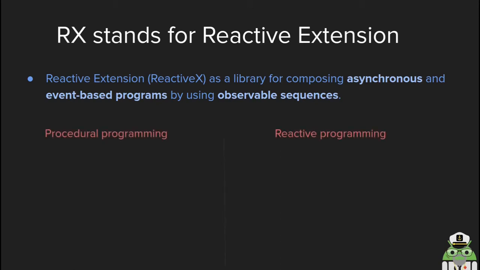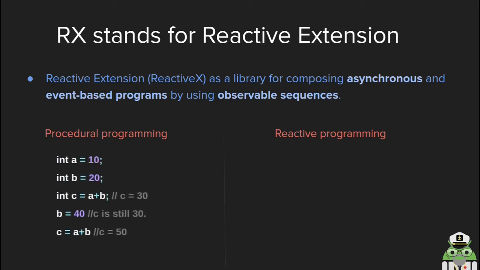We have two kinds of programming, one is procedural and the second one is reactive programming. In procedural programming we have three variables a, b and c. Here a is 10 and b is 20, and in c we are just summing up both values, a plus b. So at this point c is 30.